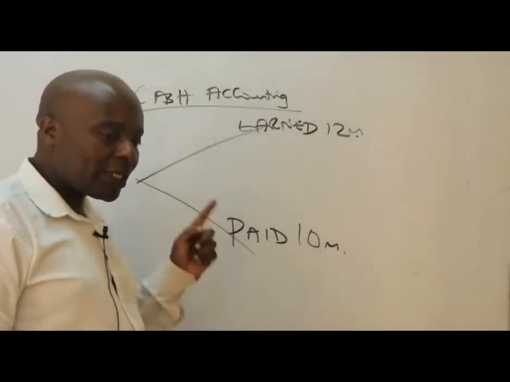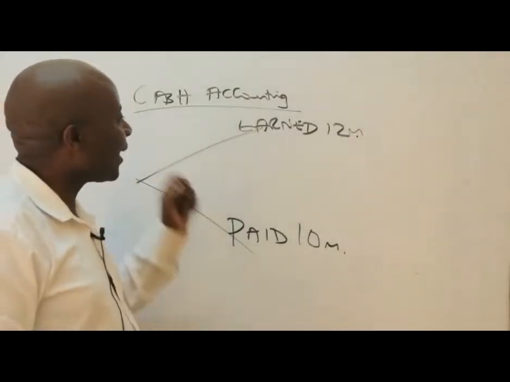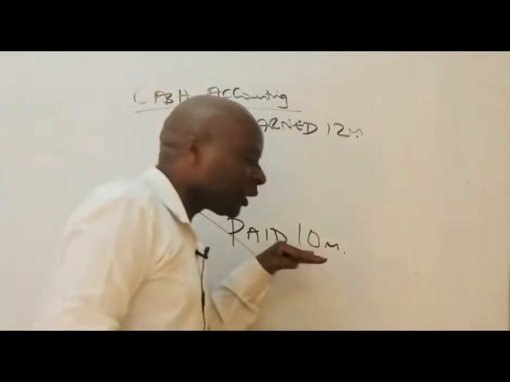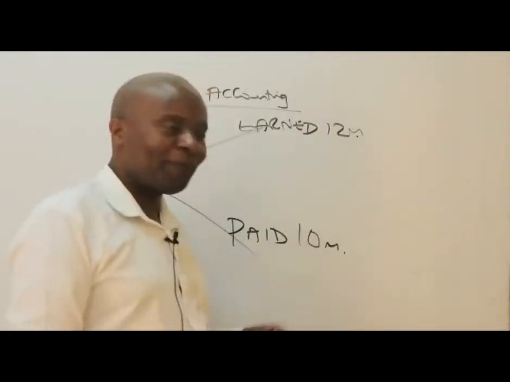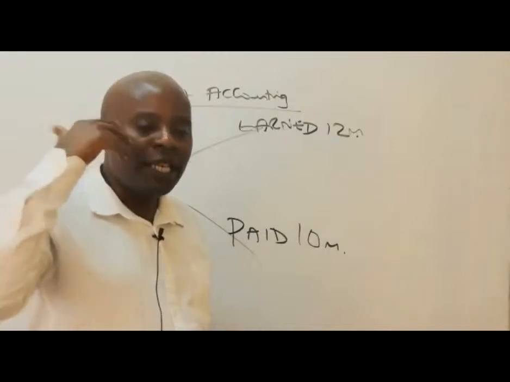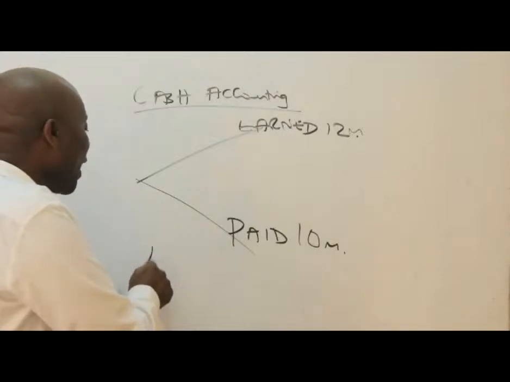Now, listen to me very well. If a company is using cash accounting, they'll only account for revenues over what they were paid, the cash they received. They'll only account for 10 million. But for a company which is now using the full IPSAS, full IPSAS talks about accrual.